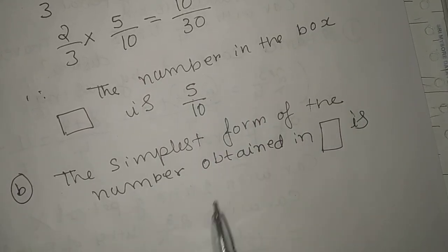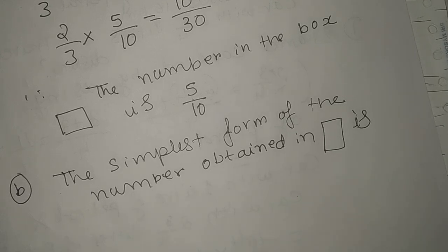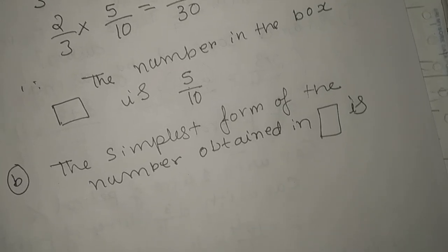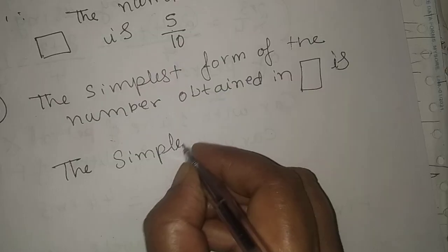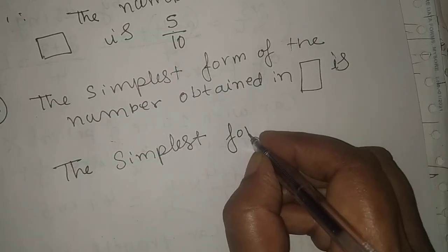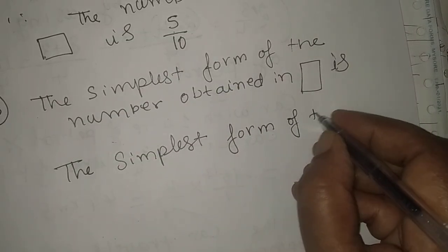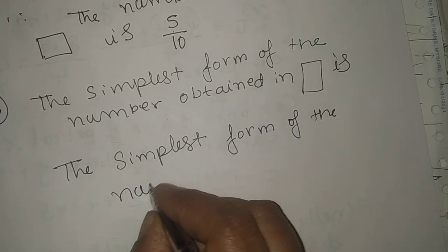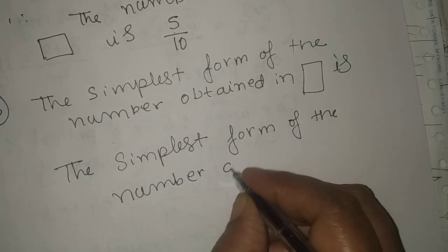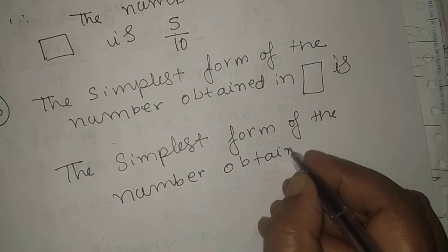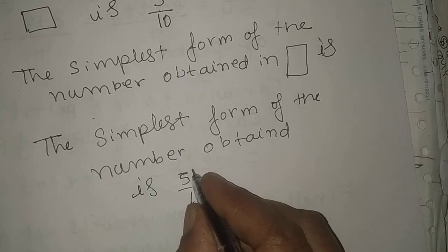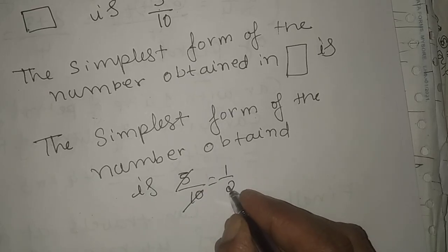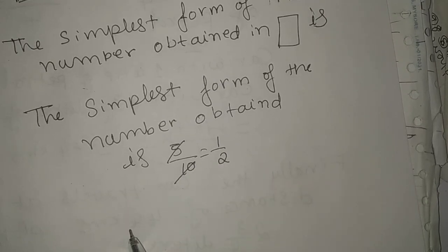We have to convert the answer obtained to its simplest form. Therefore, we write: the simplest form of the number obtained, 5/10 we got, is 5 ones are 5, 5 twos are 10, so 1/2.